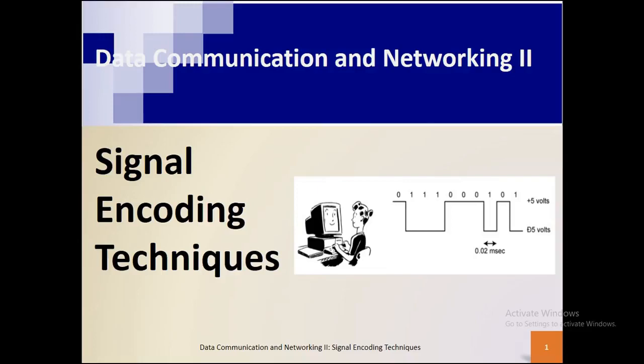So whether you have information in its digital state or in its analog state, if you really want to have it represented properly within a given system, then we need to find a way to do that, and that's where the encoding comes in. So both analog and digital data can be encoded as either a digital or analog signal.